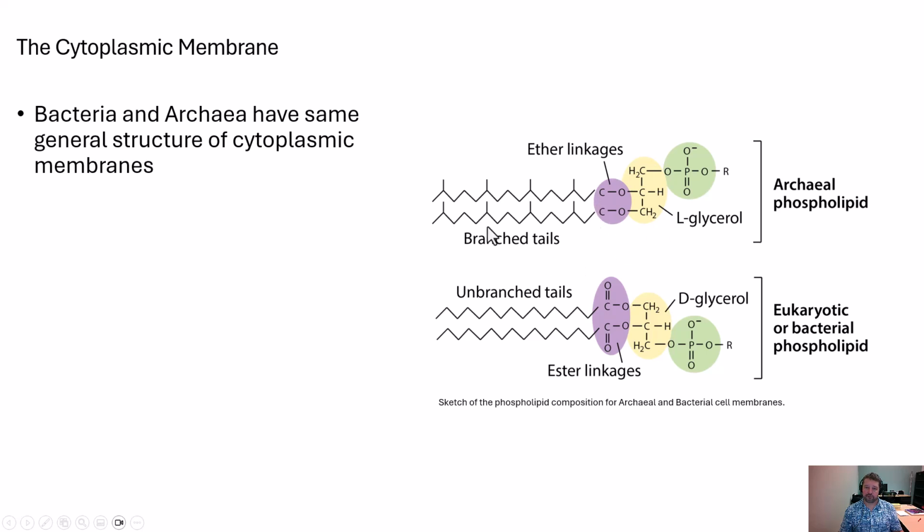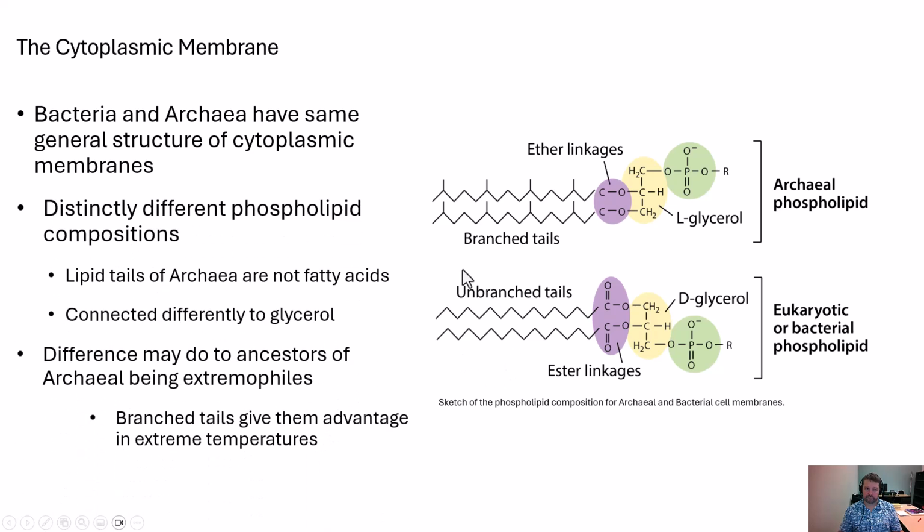The other thing you can probably see here is the fatty acid tails have branches, and you don't see that in eukaryotic or bacteria phospholipids. So again, the evidence points to that branched tail also giving them some advantage in extreme temperatures.